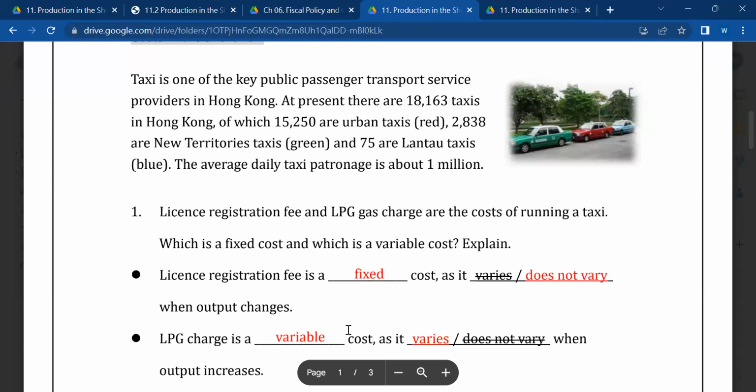And the LPG gas, that is the gas used for the running of the car, is a variable cost because it varies when output increases. That means the more you drive, the more your cost on the LPG gas will increase. Okay, so please write down these two answers first.